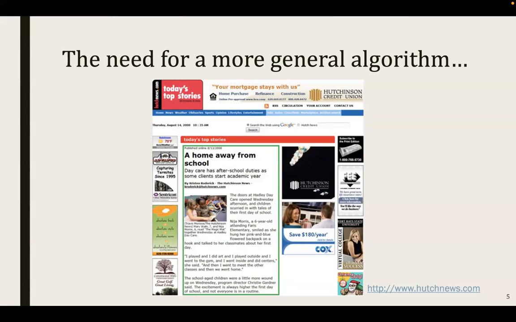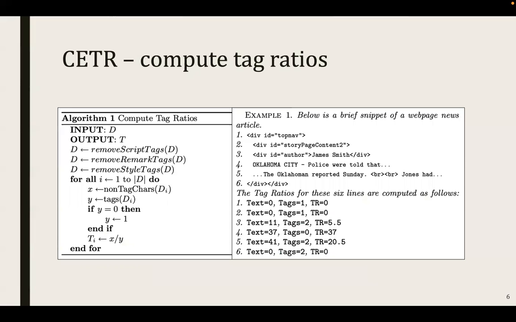Using this website as an example, we can see that there are many irrelevant advertisement sections that can interfere with the process of extraction, and the only part we care about is in this green box. Therefore, the authors realized there's a need to find a new method that's more general and more adaptive to the current web structure. And that is what led the authors to develop the cedar method.